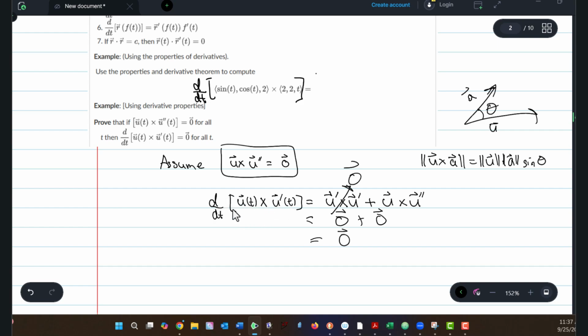We've now shown that the derivative of a vector crossed with its tangent vector is going to equal the 0 vector, as long as we know that the vector valued function crossed with the second derivative is also the 0 vector.